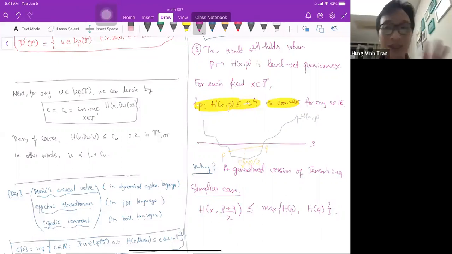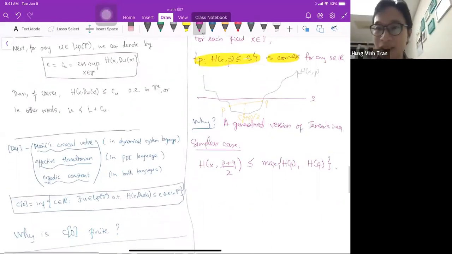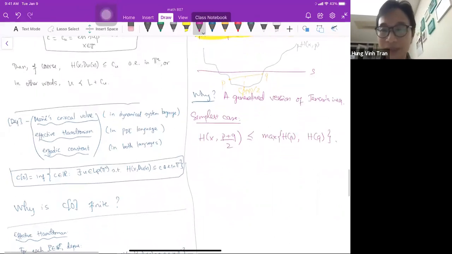And again, this inequality is used a lot by analysts, PDE people, and economists, and maybe some other fields.